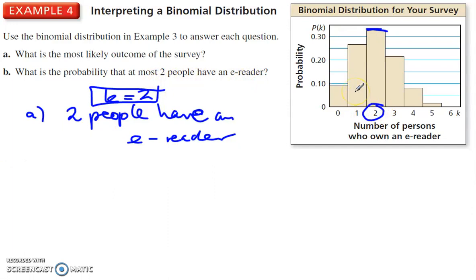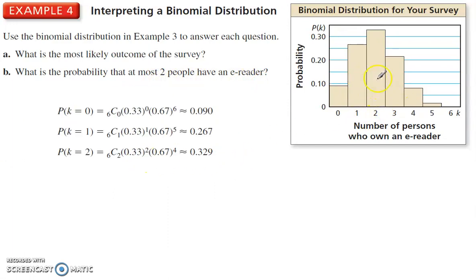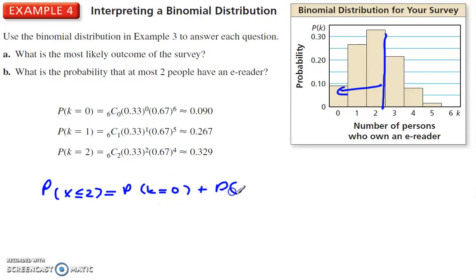Now, what's the probability that at most 2 people have an e-reader? At most 2 people. All right, so if we look at that, that's all of these at most. So that includes 2 and fewer. So that's 0, that's 1, and that's 2. So the probability of x less than or equal to 2, that's at most, is equal to the probability of k equals 0 plus the probability of k equals 1 plus the probability of k equals 2.